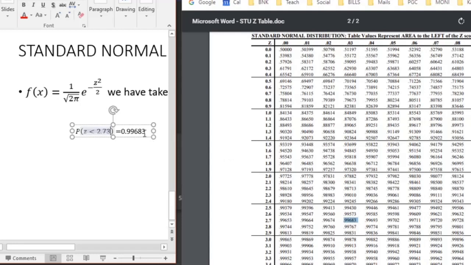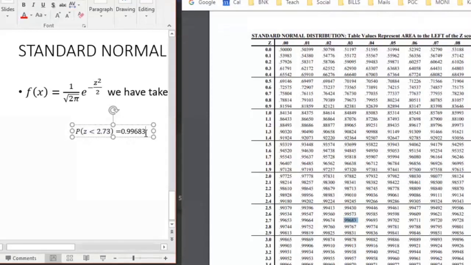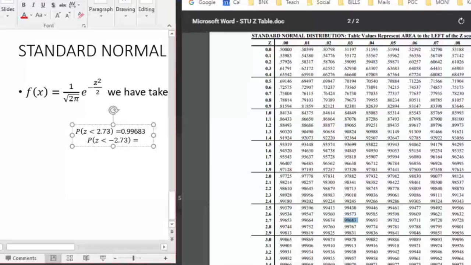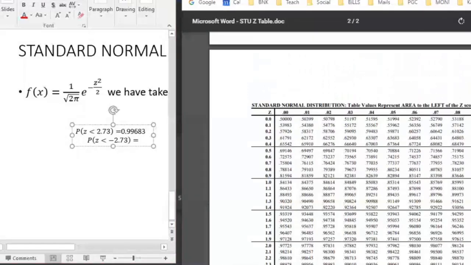Similarly, you can find the values for negative values also. For example, if you want to calculate the probability of z less than minus 2.73, negative value, come to the first page, minus 2.7 here and 0.03 here.